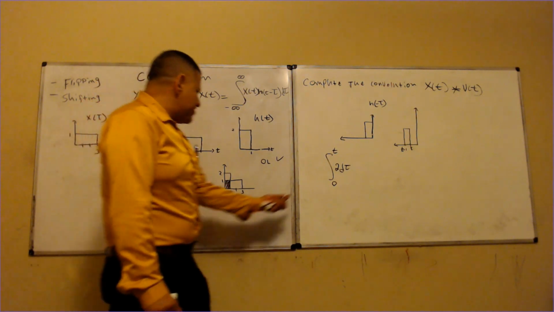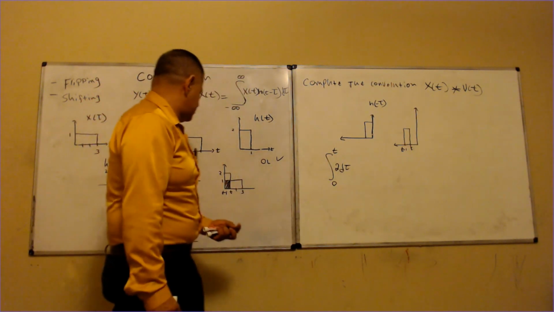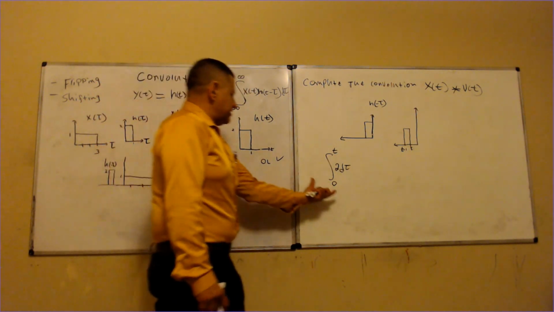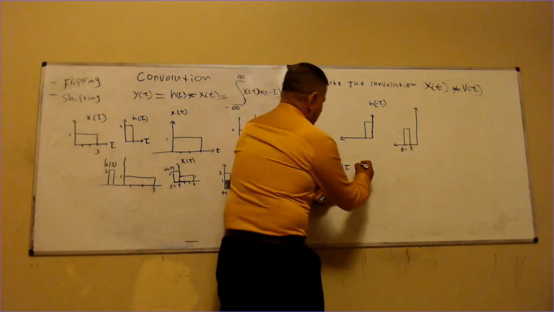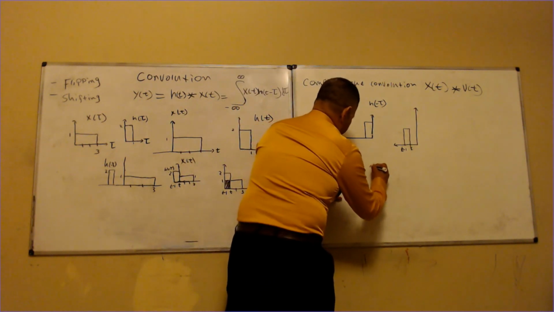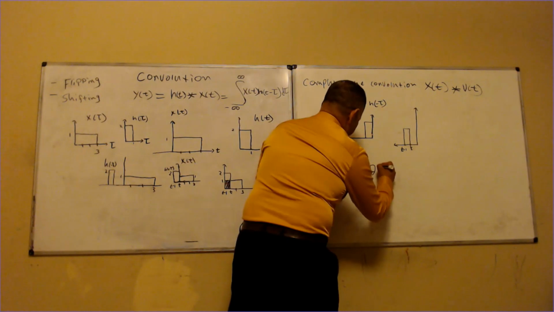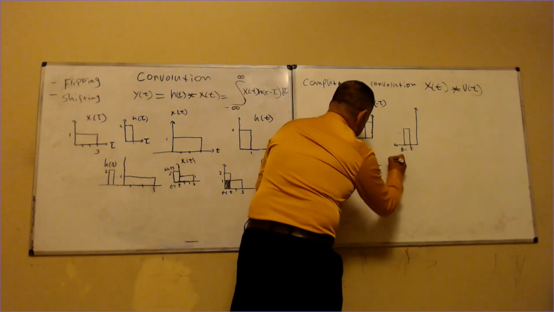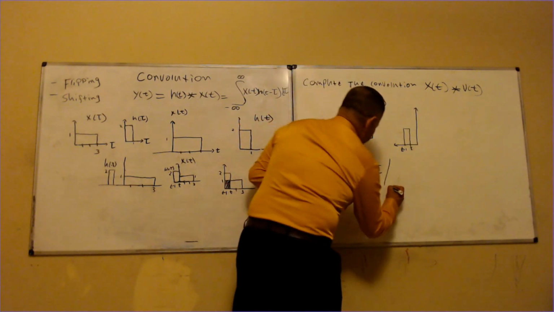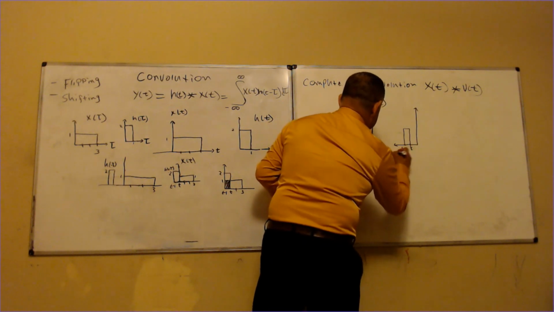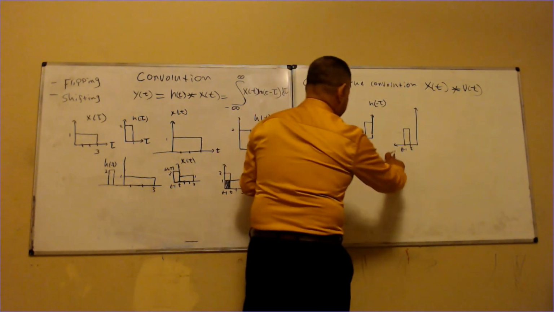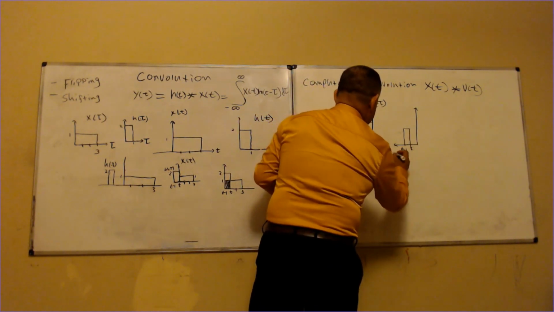Okay, so having this integral like this, I can integrate this right now, and it's going to be equal to 2 tau, and the value is from 0 to t.